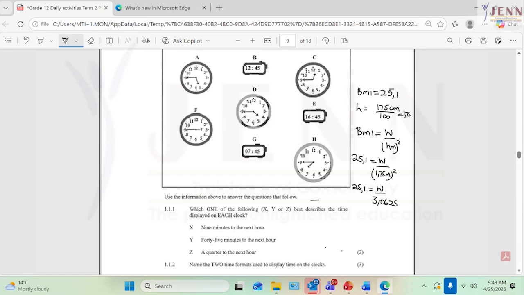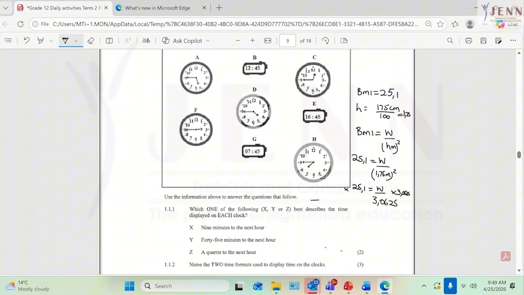But we want the weight. So what do we do? First, remember it's an equation. We have to get rid of the denominator. How do we get rid of the denominator? We multiply by the same number, which is 3.0625. But remember, because it's an equation, what you do on the left must be done on the right.